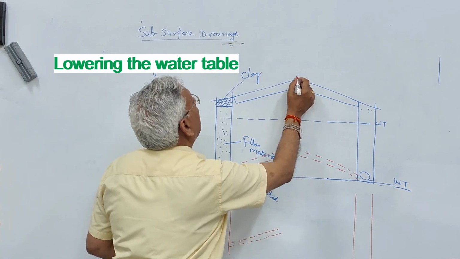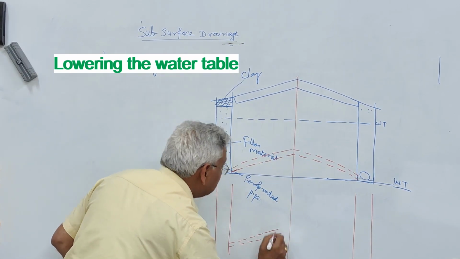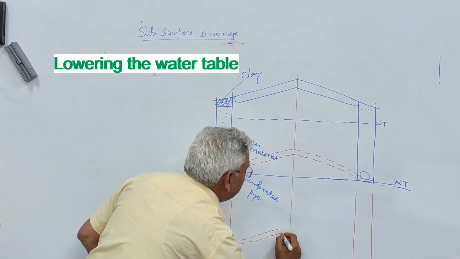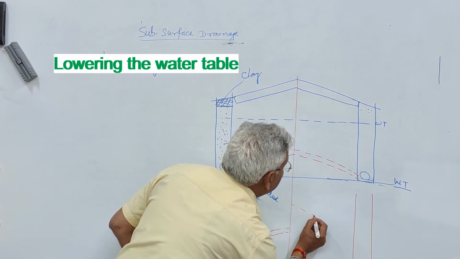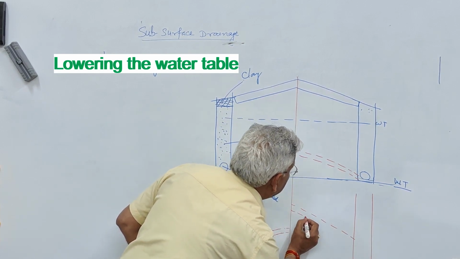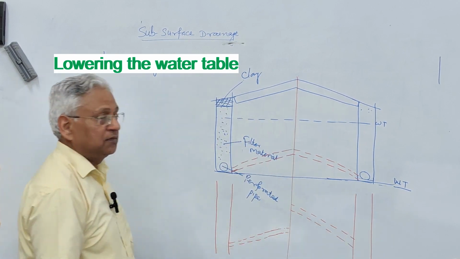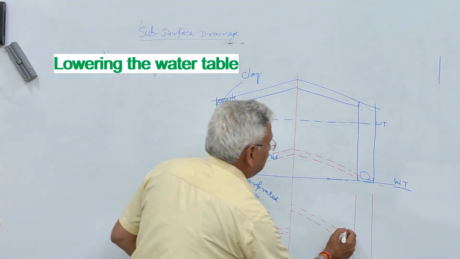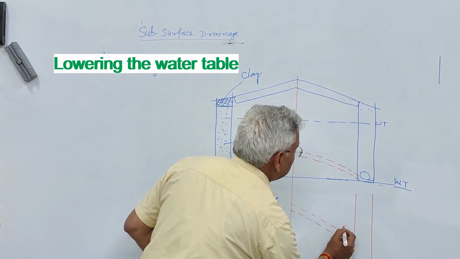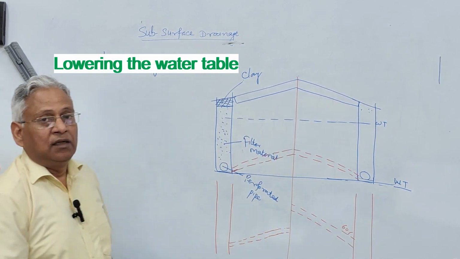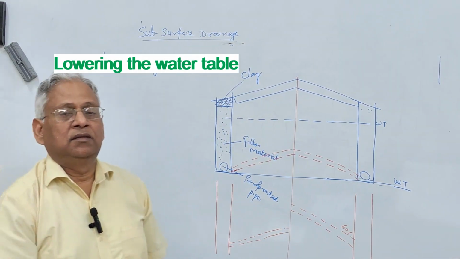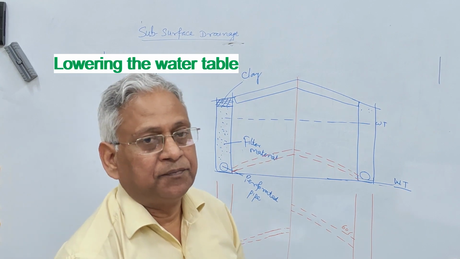Now this is the ground line of the pavement. So we provide these drains, and these are staggered generally at 60 degrees centigrade and all along the length of the pavement.